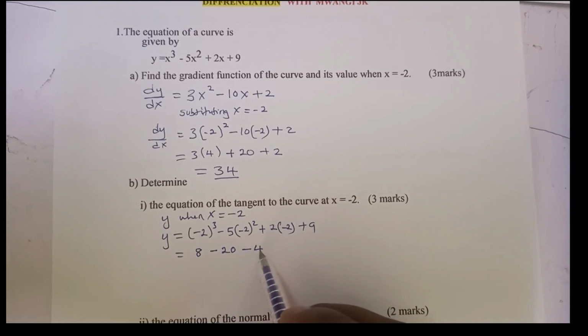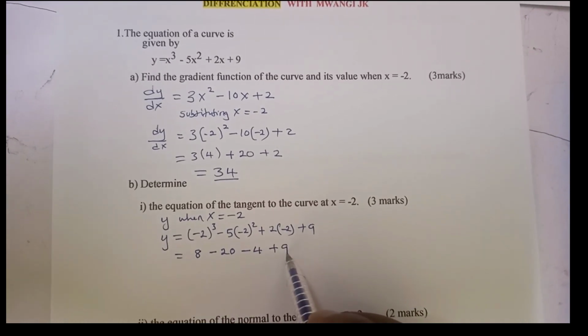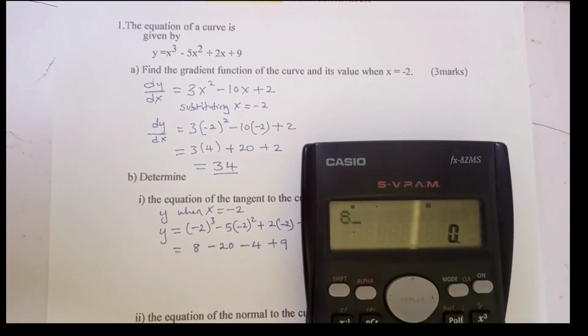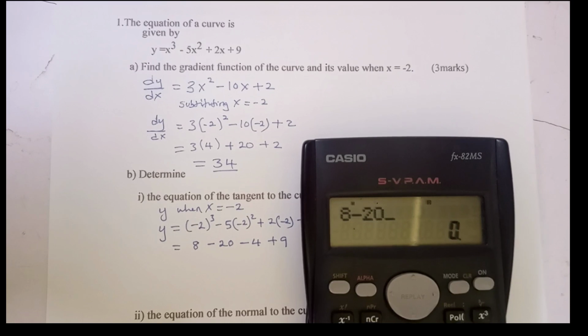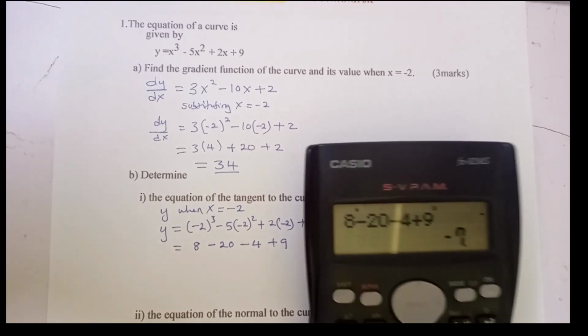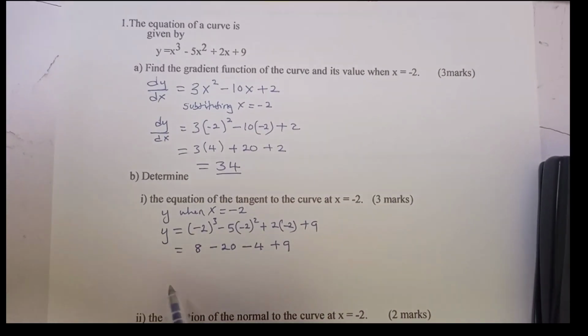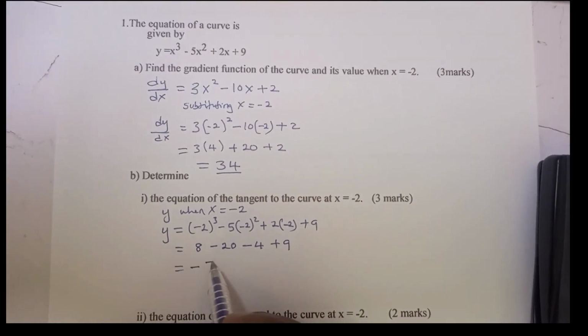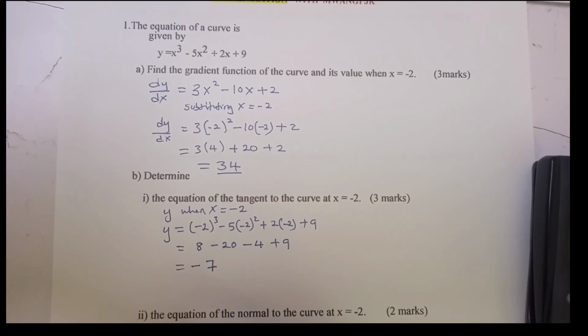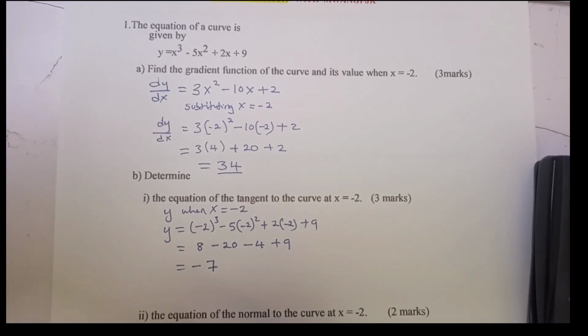So we have 8 minus 20 minus 4 plus 9, we get minus 7. So the common point being shared by the tangent and the curve is actually the point minus 2, minus 7.